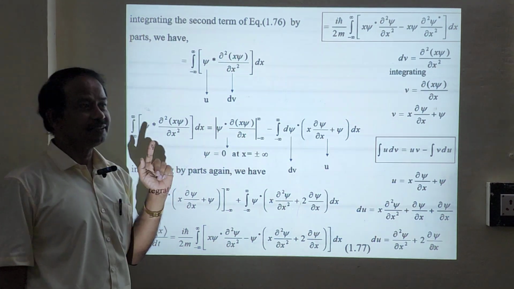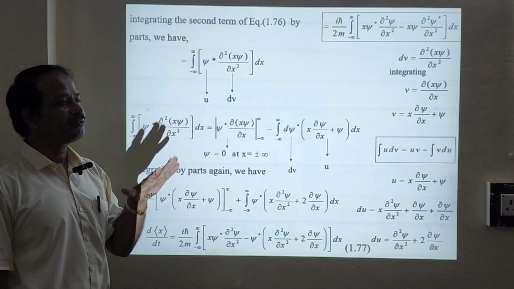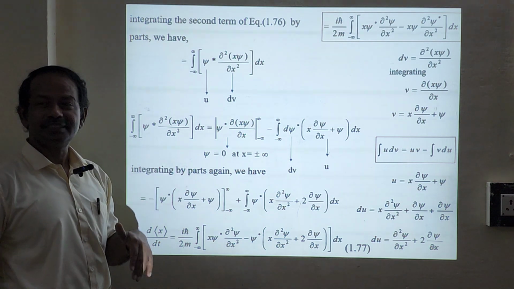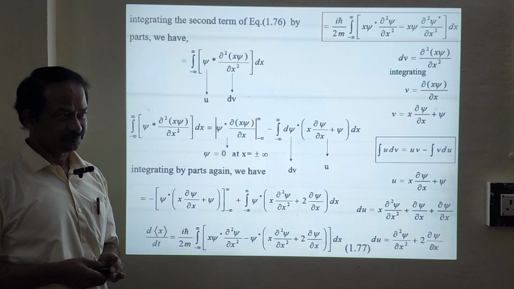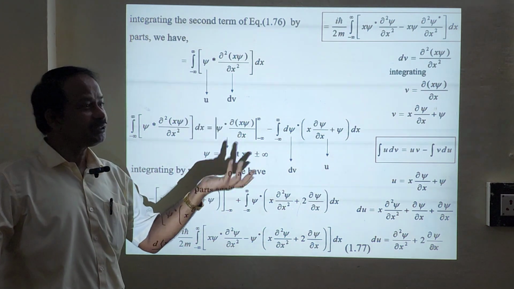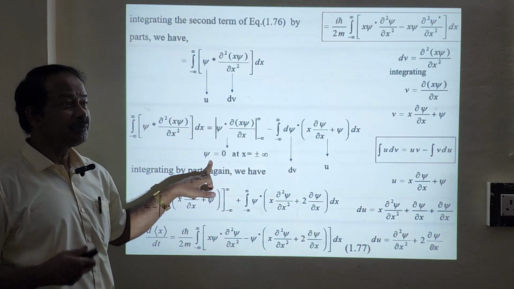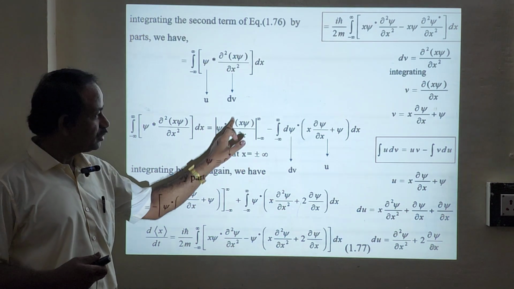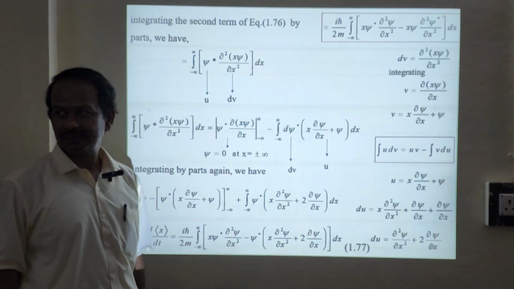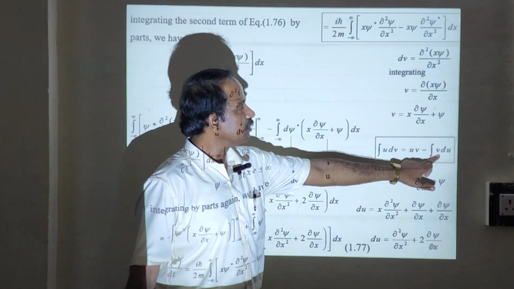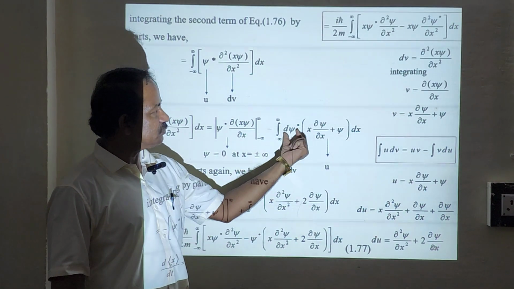We have already studied in the session on interpretation of wave function, there are five very important points. The last one is psi should vanish at the boundaries. Can you remember? At infinity, psi should not be there. Psi will become 0 at infinity. So this term will become 0, so this term alone exists. Is it okay? So this term is the contribution from the integration of v du. So this is v, this is du.